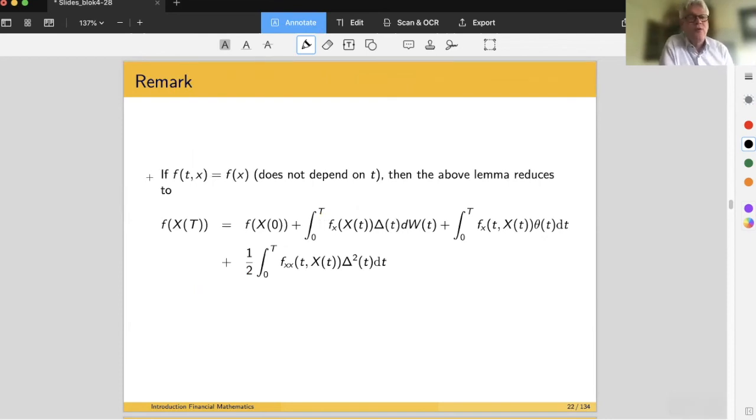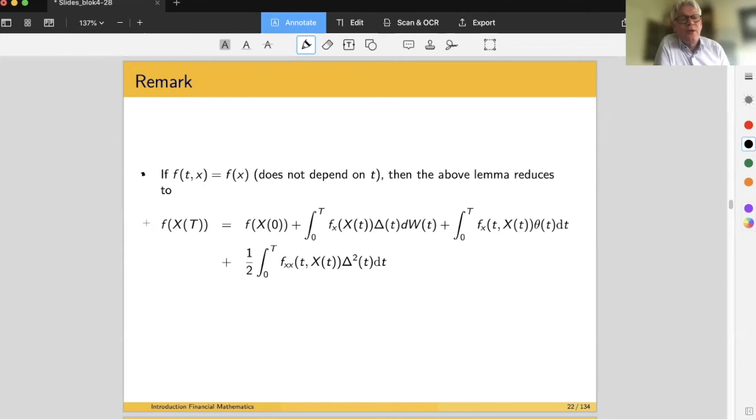So first we do a remark. What we will say here is, if the function f does not depend on t, when it's only a function of x, then the above lemma gets a more simplified form.